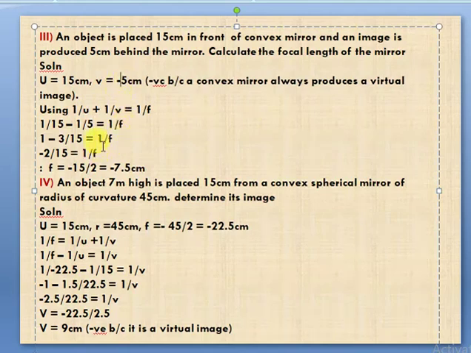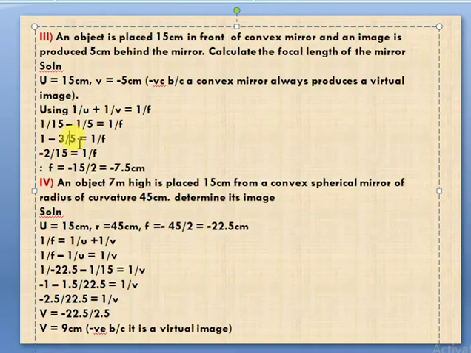Then is equal to what? 1 over f. Now let's see. Now we are going to look at this. 1 over 15 minus 1 over 5 is equal to 1 over f. Now we find our LCM.